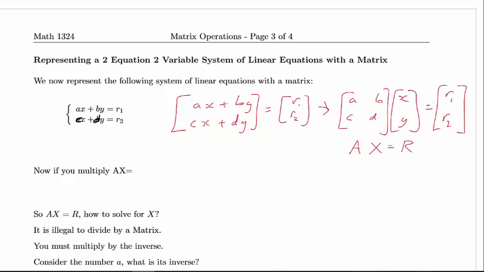Okay, so over here, if you multiply matrix A times X, it's exactly what I was showing over here. Let's go ahead and just go through the process. AB, CD, and the matrix X is simply the row matrix XY. Okay?